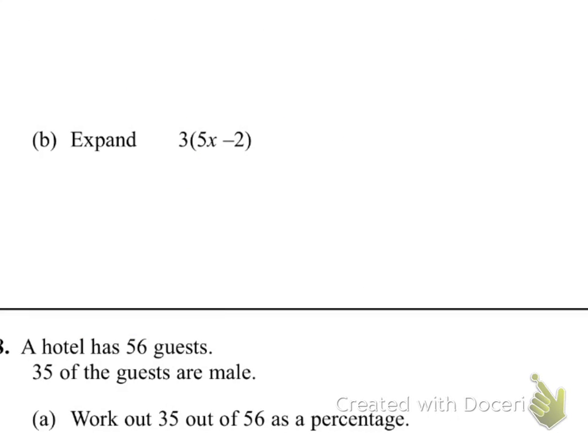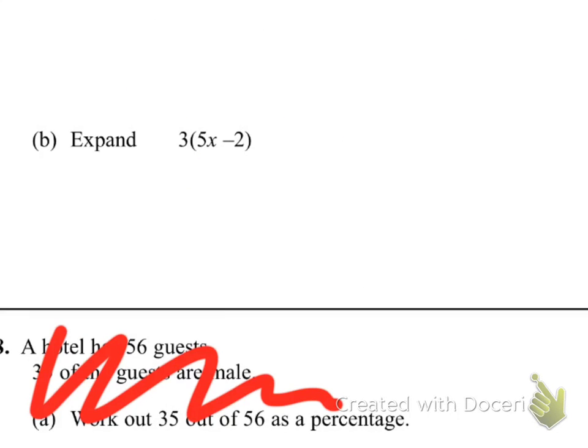Okay, so here's the next one. We'll forget about this for the second. We might do that in other videos, but we're going to go straight in with this one here, which is expand 3, brackets 5x minus 2. Well, hey, if we just had 3, 5 minus 2, what would we do?